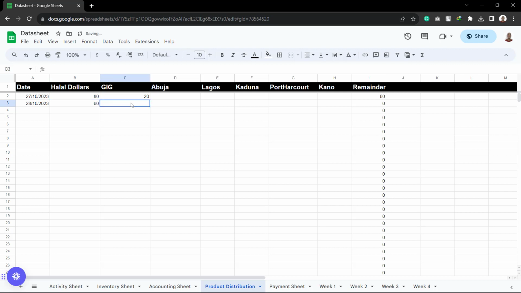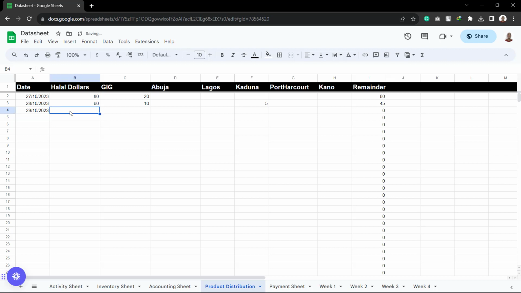Let's say we sent out 10 products via GIG, and maybe we sent out 5 products to Kaduna. So the amount of product left with us is going to be 45. That's the amount of product left with Allowed Dollars. The same thing applies for the next day, the 29th, 2023.